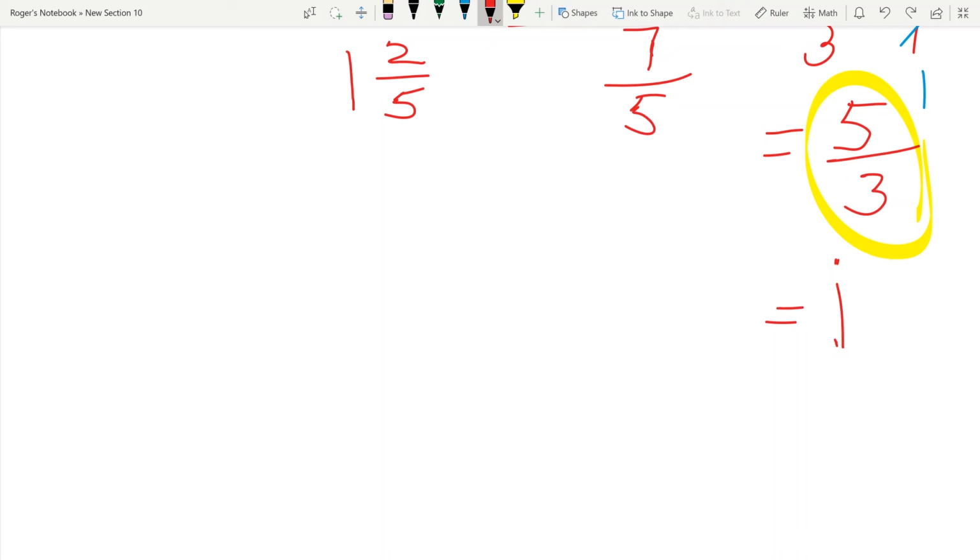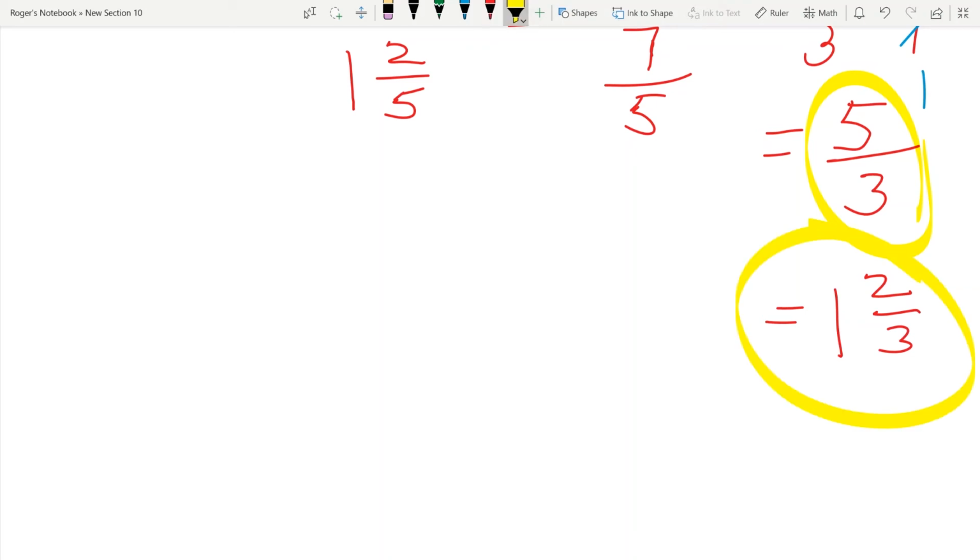And my screen's messing up. Okay, goes in 1 time and 2/3. Okay, 1 2/3.